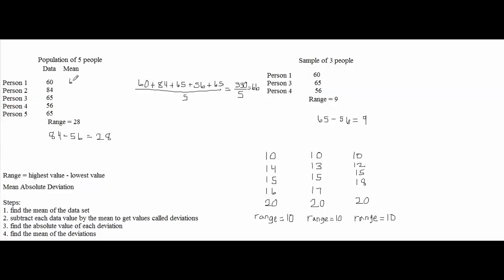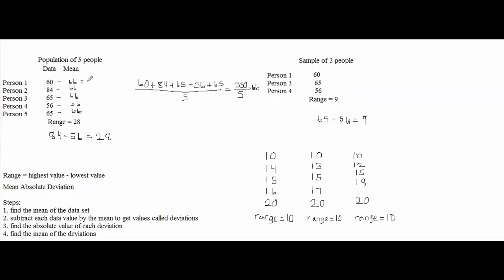So the reason I wrote the word mean right there is to show that each number that I'm writing in this column is just the mean of 66. Let's subtract all of these.